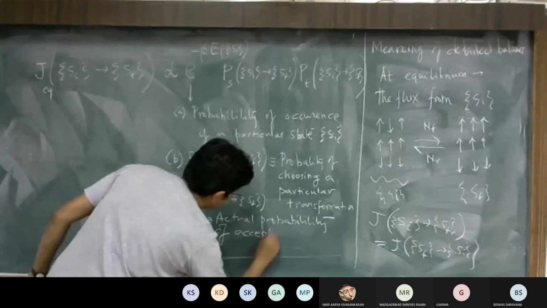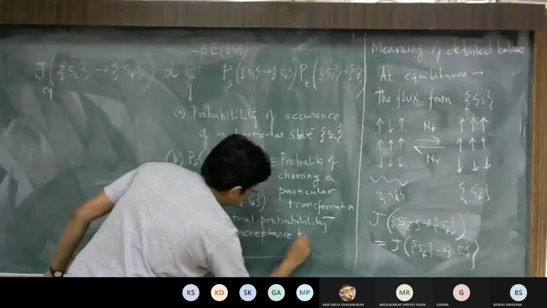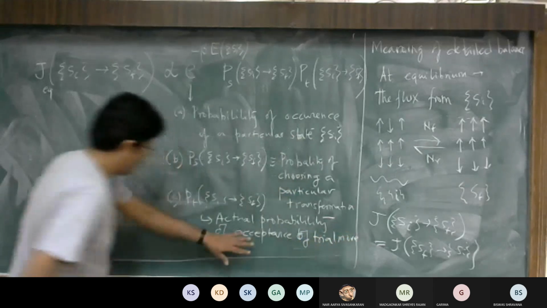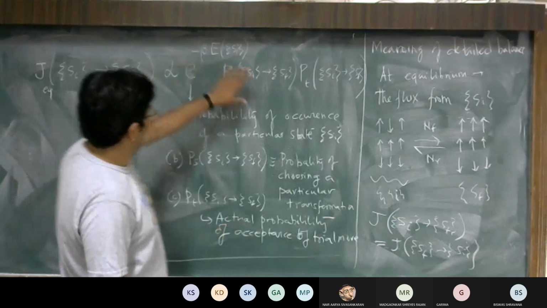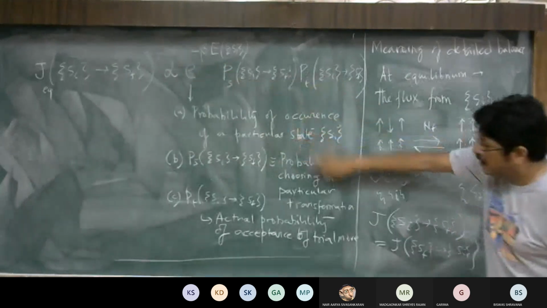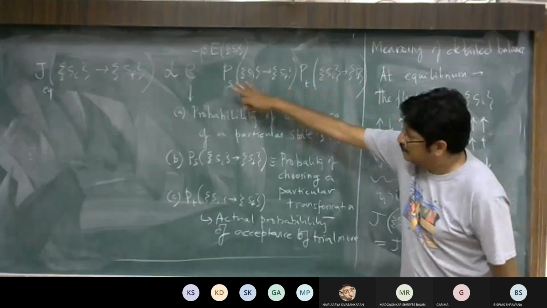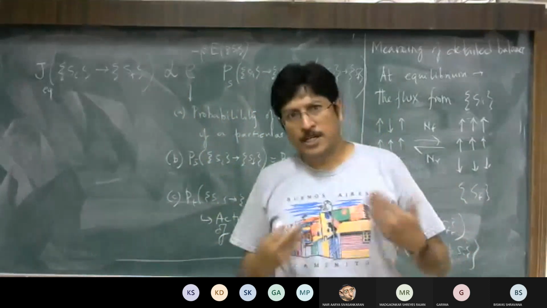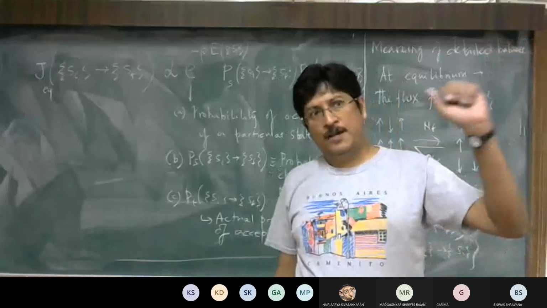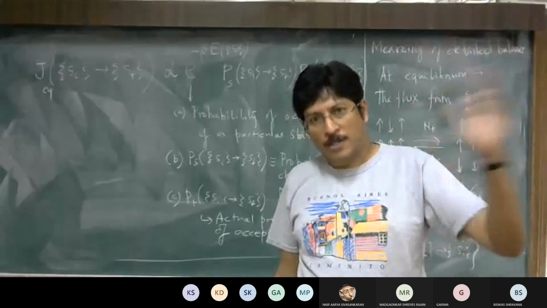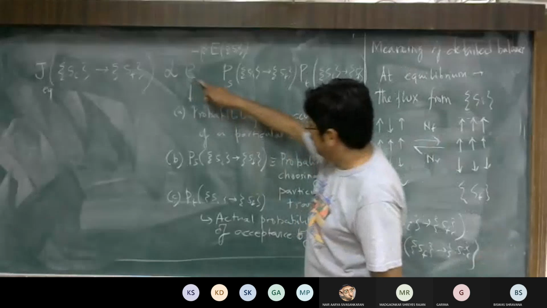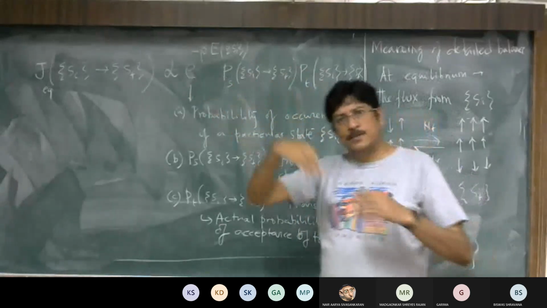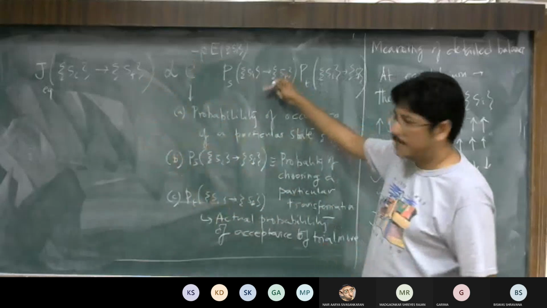So in this language of trial moves, I hope you are convinced that the total current, how many events of transformation would happen, would clearly be proportional to the probability of, first of all, that configuration occurring in the first place, and then, conditional on that, the probability that you are selecting a particular transition.